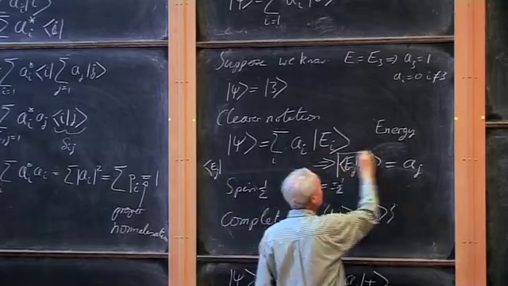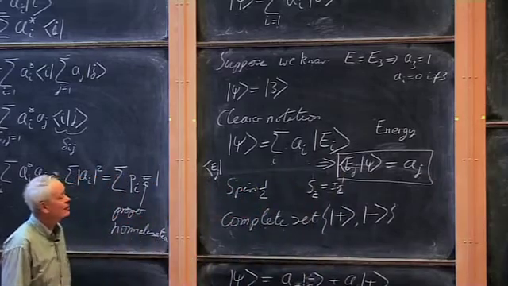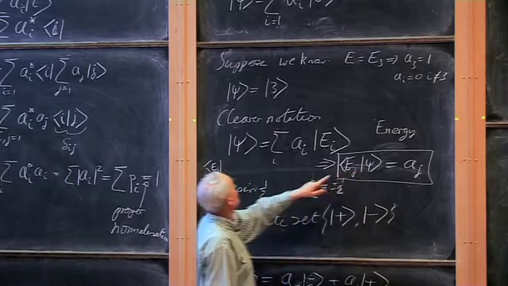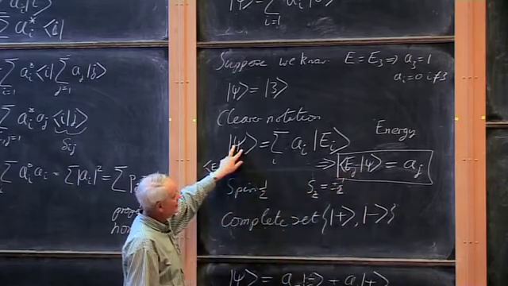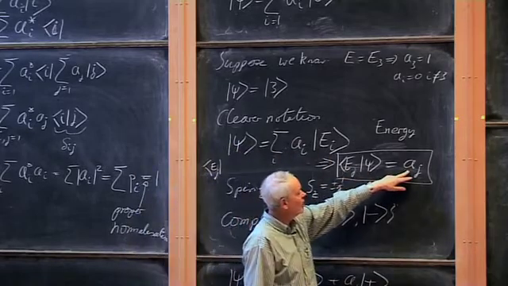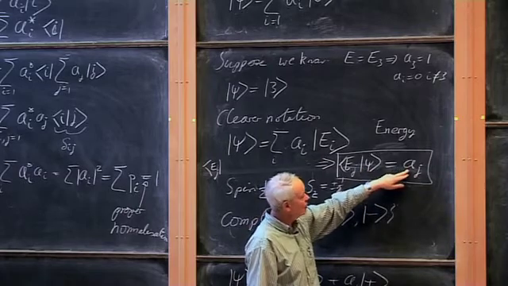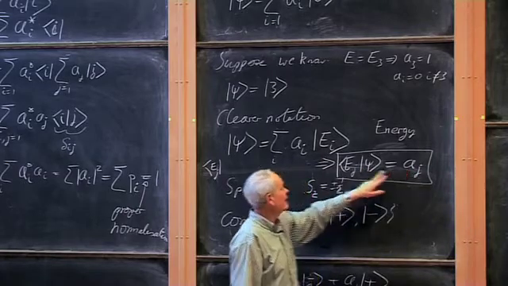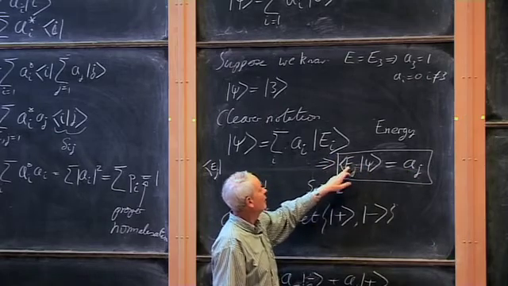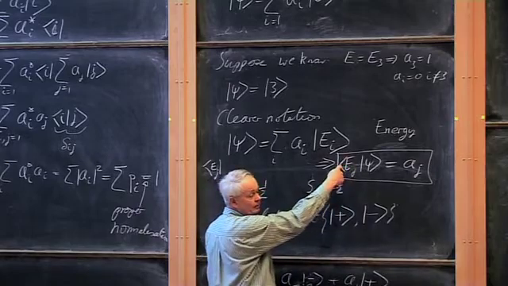Now, this is an obvious equation, but it's fabulously important, and it tells us really why we're interested in these animals here, because given a state of my system, it enables me to recover the amplitude for measuring Ej out of the state of the system. The rule is to get the amplitude for something, take the state of your system and bra through by the bra associated with the result, the interesting result of your measurement.